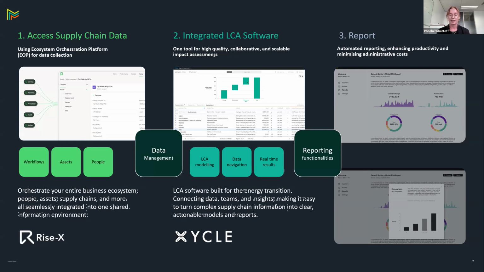The final API connection we've built is an automated reporting builder. This allows you to automatically generate a report in accordance with the ISO standards, most typically 14040 and 14067, and present the results in the way that would be most visually valuable to the audience, with the final aim being to enhance productivity, minimize administrative costs, and reduce human error. Thanks.